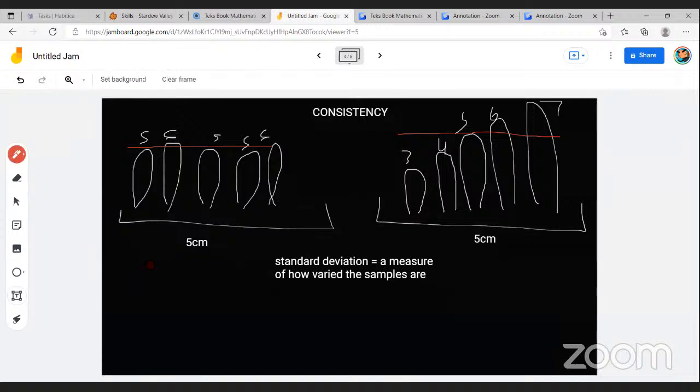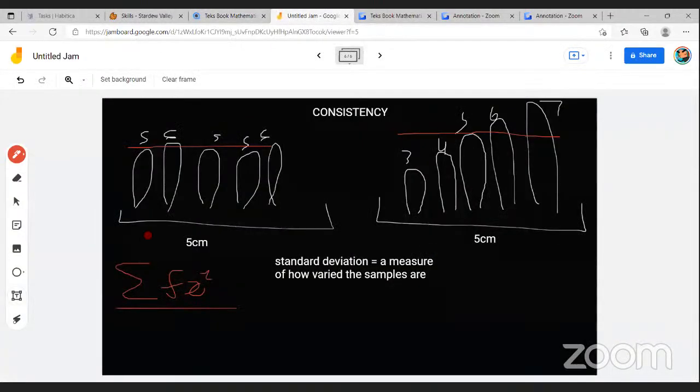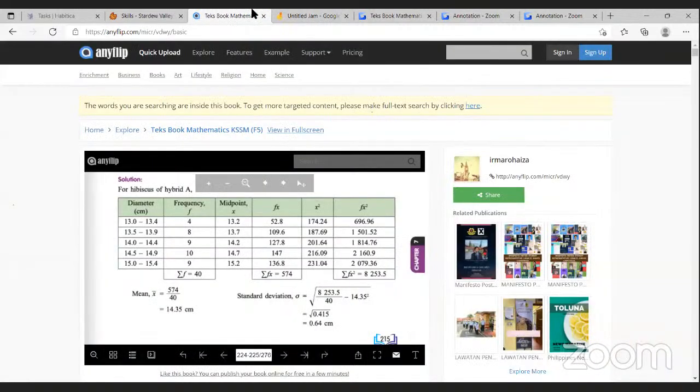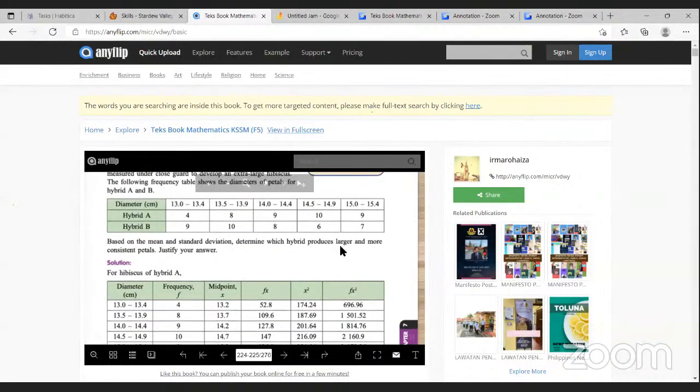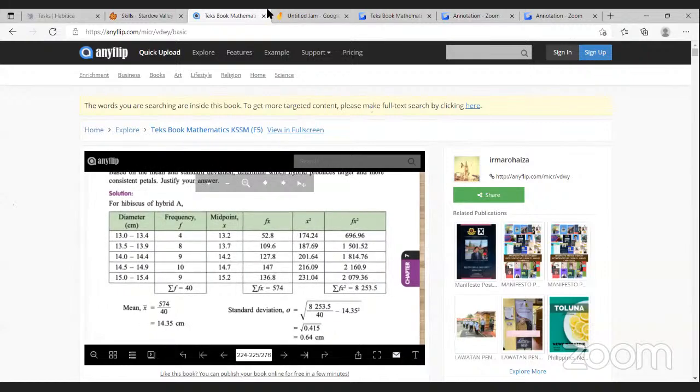So fx squared divided by, let's say we take divided by 40 because, and then you minus this by, there's so much stuff to write, 14.35. Wait, what is 14.3? Oh, I'm forgetting so much. Oh, it's the mean.